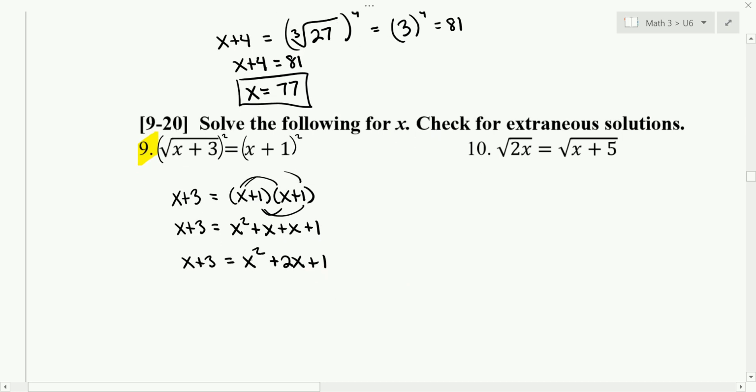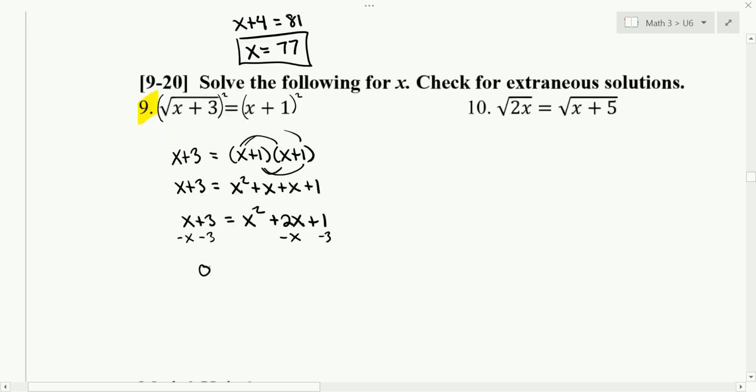And this is quadratic because the highest power is 2, and so our technique to solve this is to get one side equal to 0. So I'm going to subtract x and subtract 3 from both sides of the equation and get 0 is equal to x squared plus x minus 2. We're going to try to factor this.